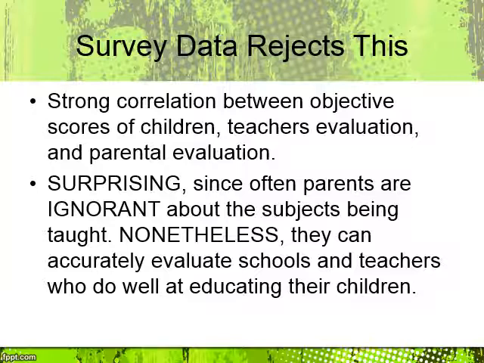This is a bit surprising because sometimes it's the case that the parents are completely uneducated and they are being asked to judge whether their child is getting a good education in English, and still they can judge correctly. And so that is what the survey shows. So again, the second possible cause, that the parents do not correctly comprehend which child is brighter, this is also false. The parents do know which children are brighter.